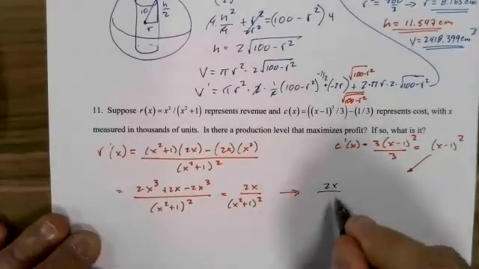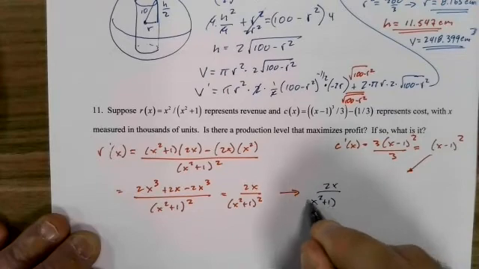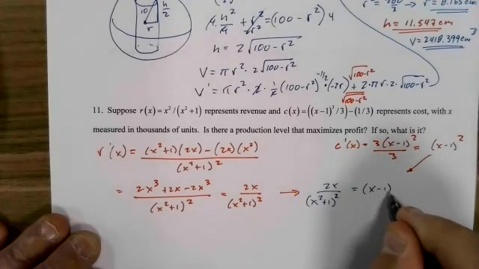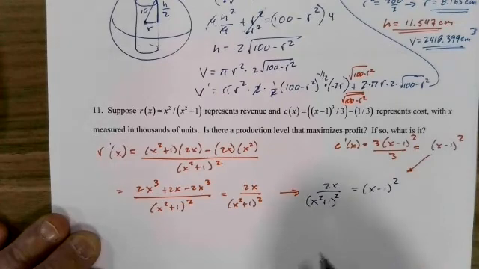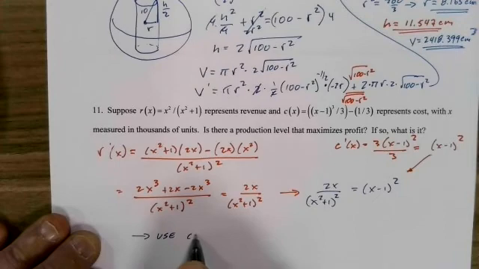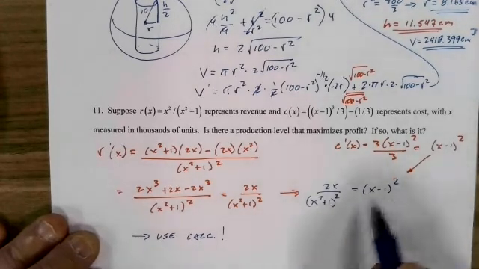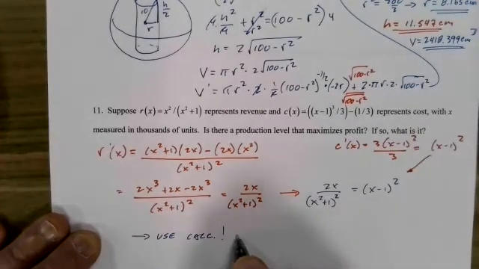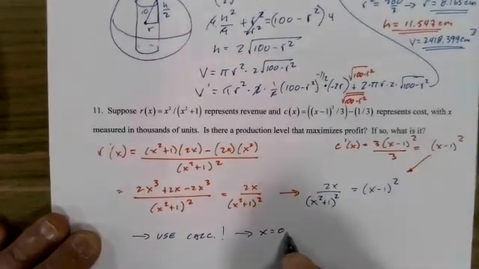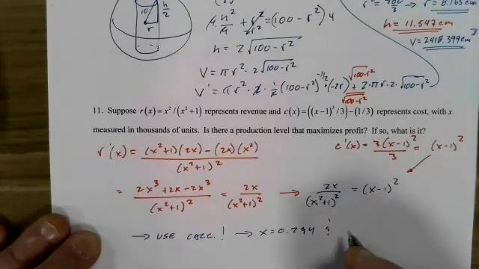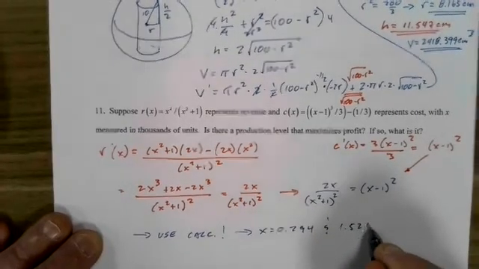Set them equal. Use calculator. Put this in y1, that in y2, find where they intersect. You'll get x equals 0.294 and 1.525.